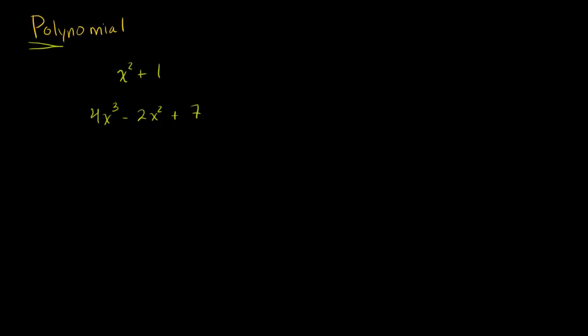And let me give you, just to get a more concrete sense of what is and is not a polynomial. For example, if I were to have x to the negative 1/2 plus 1, this is not a polynomial. That doesn't mean that you won't ever see it while you're doing algebra or mathematics, but we just wouldn't call this a polynomial because it has a negative and a fractional exponent in it.